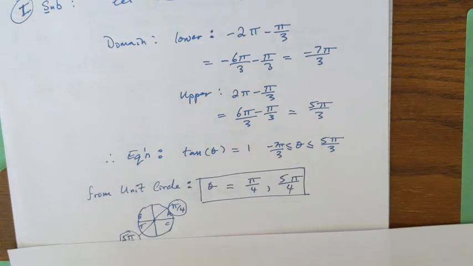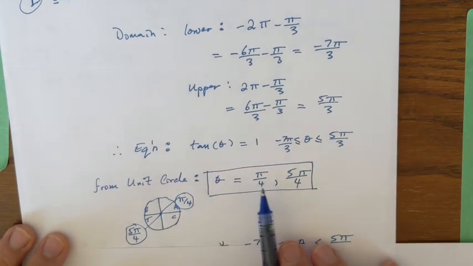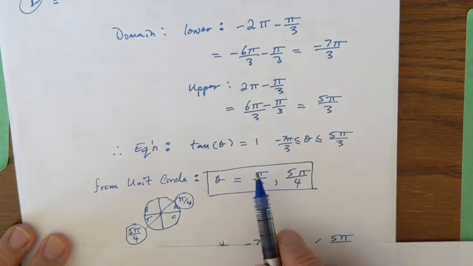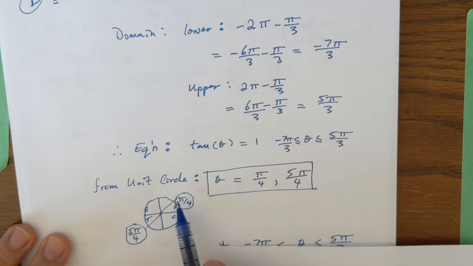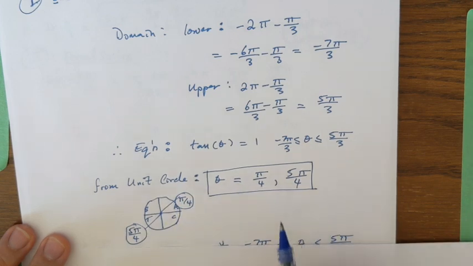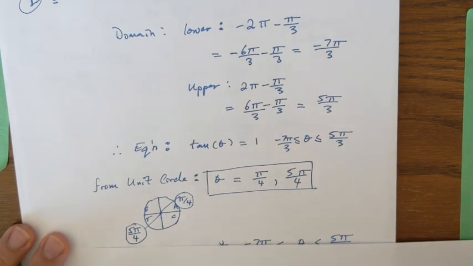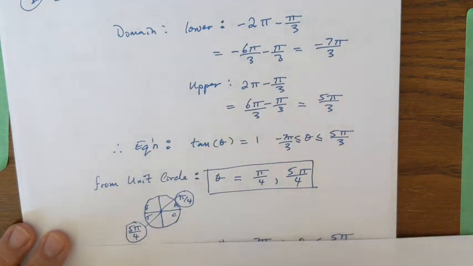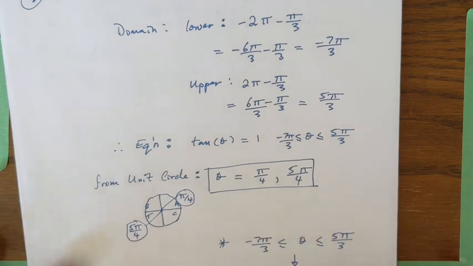Well, so from the unit circle, again, we know that solutions to this is where tan is equal to 1. Well, that's going to be in the first and the third quadrants, pi over 4 and 5 pi over 4. So there's our very, very initial going around just once solutions.